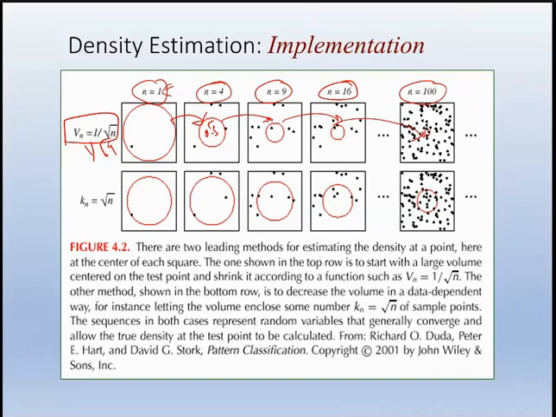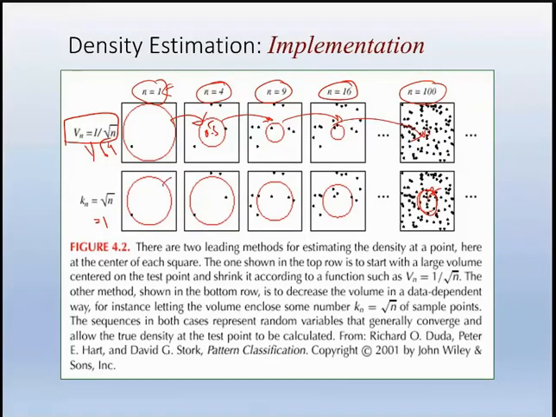Now here in the second case, k equal to root n, you can see as the number of samples increases, k, the number of samples falling in this particular circular window, is increasing. For example, suppose I put n equal to 1, then Kn is equal to 1.